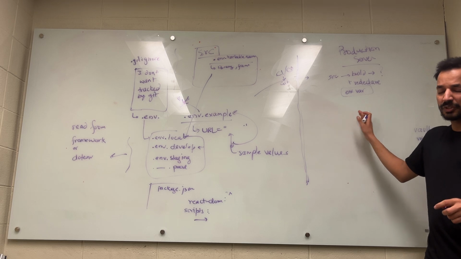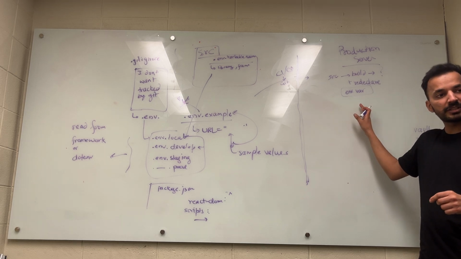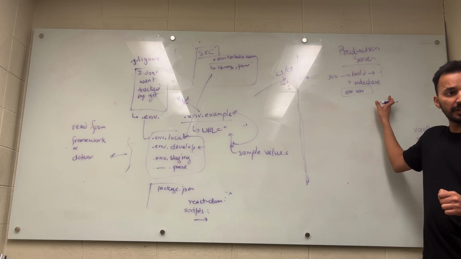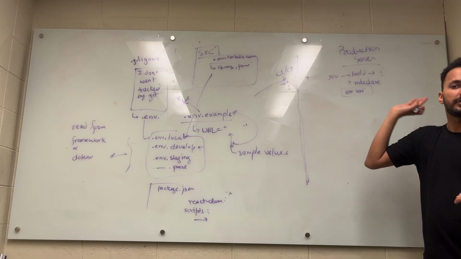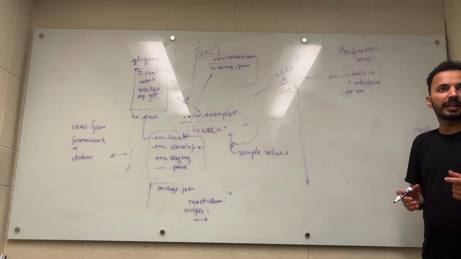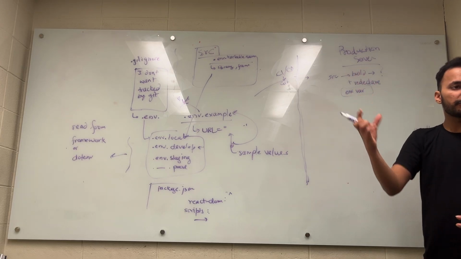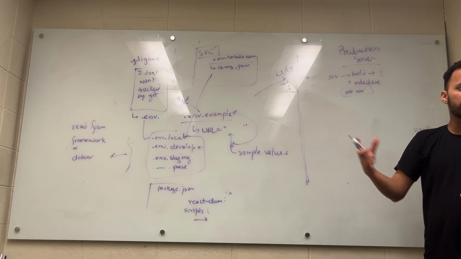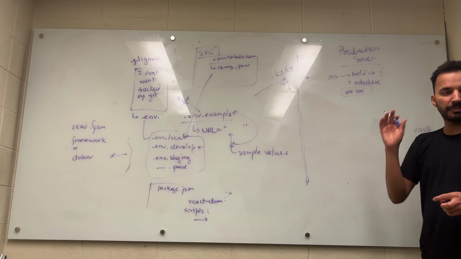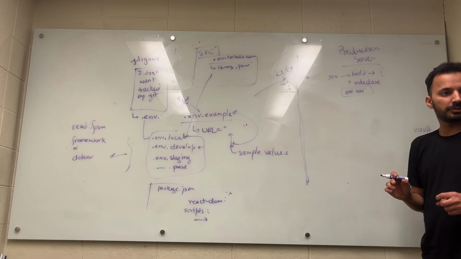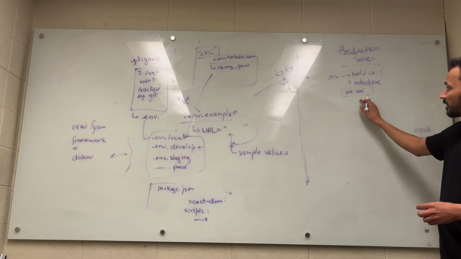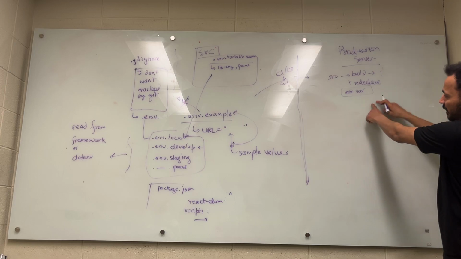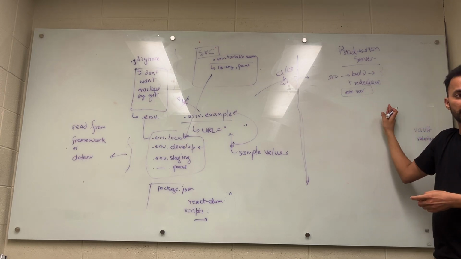Vercel has integrations with a lot of services, including Railway, where it just reads. For staging, read these variables from Railway, and for production, read those variables from Railway, and it automatically figures those things out. So you can sync Railway and Vercel.